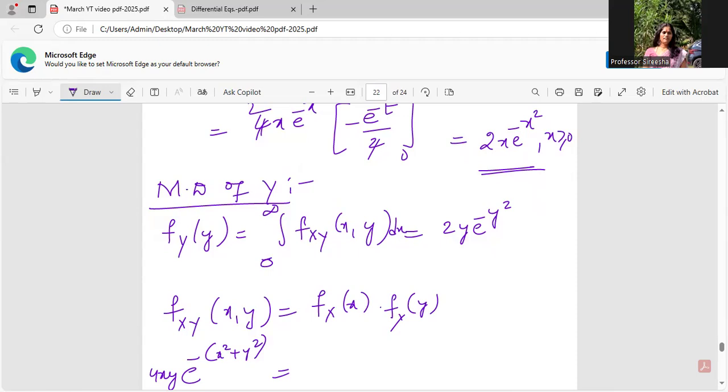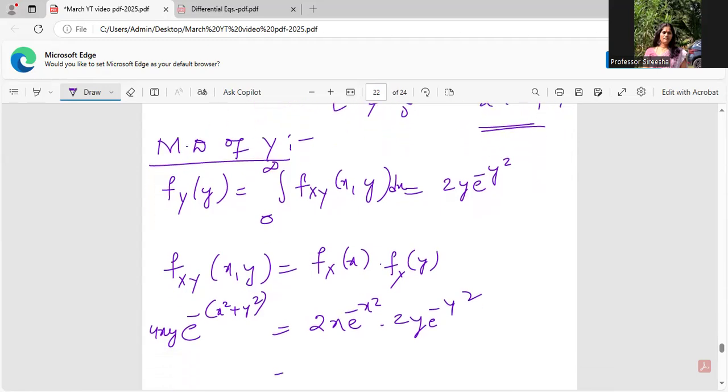What's my RHS here, guys? 2x into e power minus x square into 2y into e power minus y square. See what happens? 2 into 2 is 4, xy e power minus, if you take common, (x square plus y square). LHS is equal to RHS.